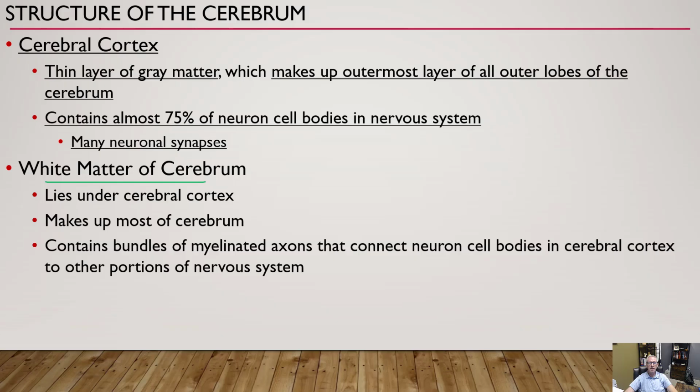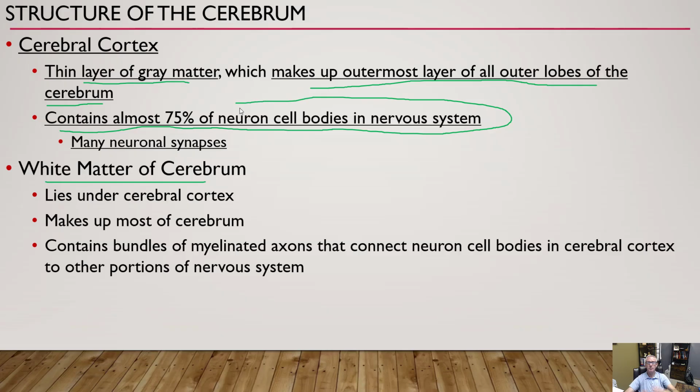So these unmyelinated axons, this thin layer of gray matter, makes up most of the outer layer of all lobes of the cerebrum. And it says it contains almost 75% of the neuronal cell bodies in the nervous system.